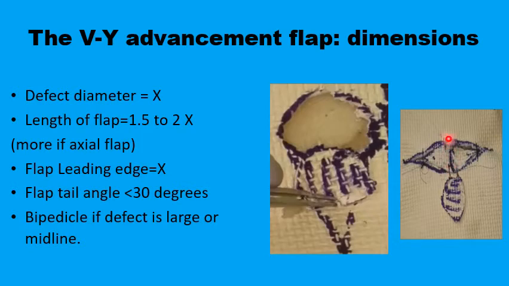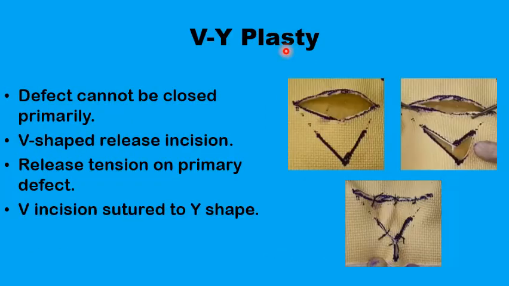where symmetry is required. The VY plasty, as opposed to the VY flap, is a technique of suturing V-shaped incisions or wounds into a Y configuration. You need that sometimes if you have a large defect where you would expect too much tension in the center, or you would expect some dog ear deformity at the edges.